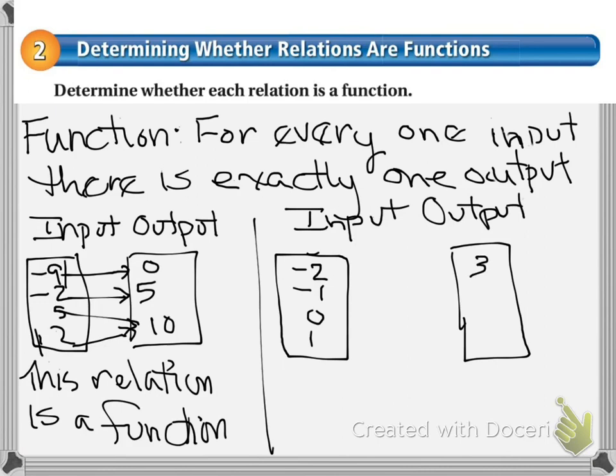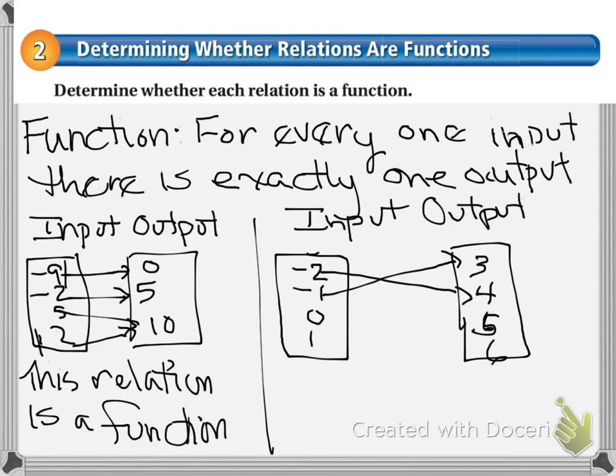And here we have 3, 4, 5, and 6. So from -2, the arrow points to 4. From -1, the arrow points to 3. So these ordered pairs are -2, 4, and -1, 3.